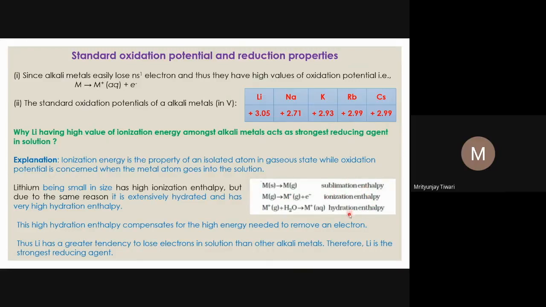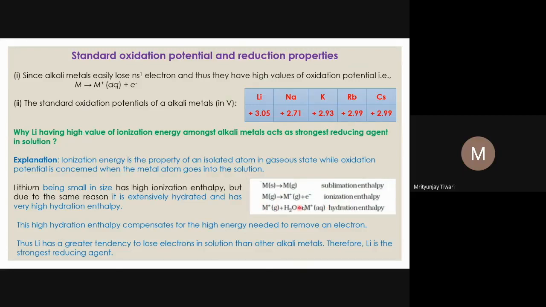However, another term comes in the aqueous solution. There is the hydration enthalpy, and this gaseous cation, when it goes into water, interacts with the water molecules and becomes M plus aqueous. As M plus aqueous is energetically favorable, we need to provide certain energy to make a solid metal form gaseous metal, and then to remove an electron from the neutral atom. In these two processes, we need to provide certain energy.